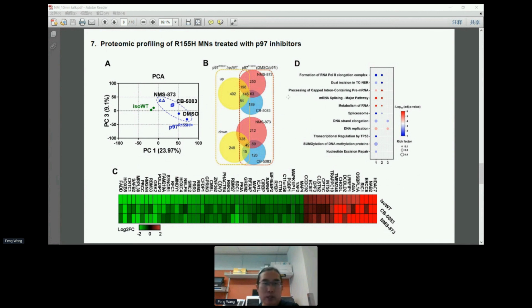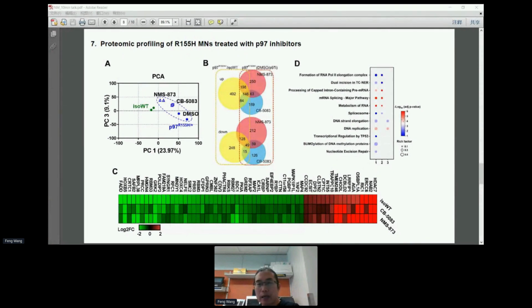The upregulated proteins in the mutant can be reversed by both inhibitors, and the downregulated proteins can also be rescued by the inhibitor treatment. Here we list the most significantly rescued proteins by both inhibitors. After treatment, the protein levels are almost similar to the wild type levels.